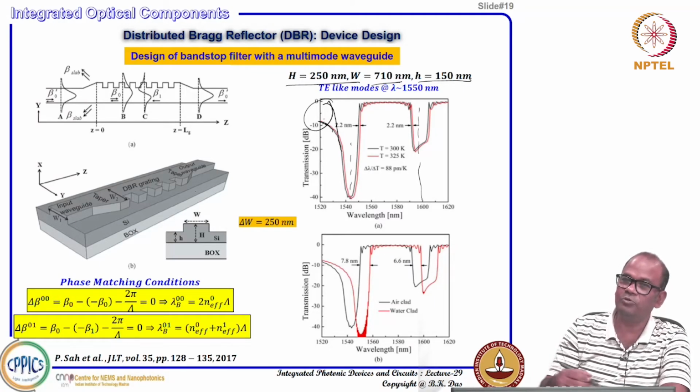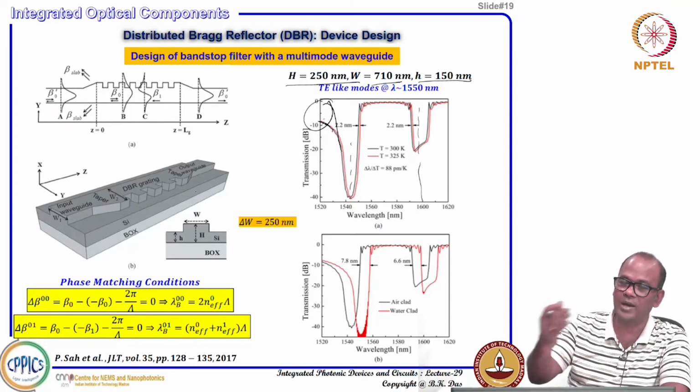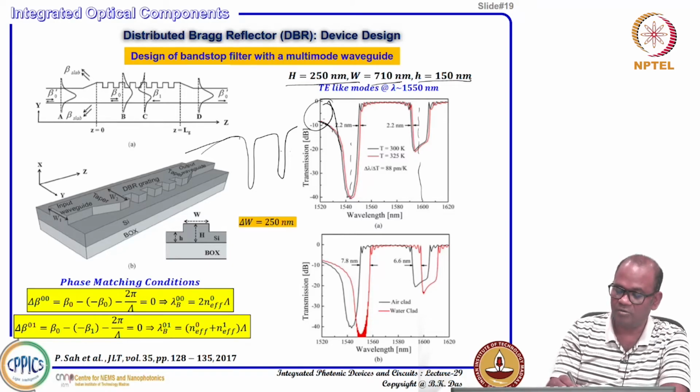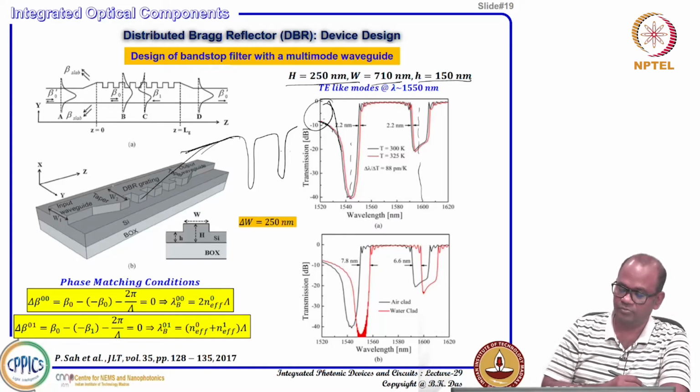But if you design a slightly wider waveguide, say 1 micron instead of 710 nanometer, you could see characteristics like this: two different stop bands, and towards shorter wavelength you would see somewhere the coupling to the slab.